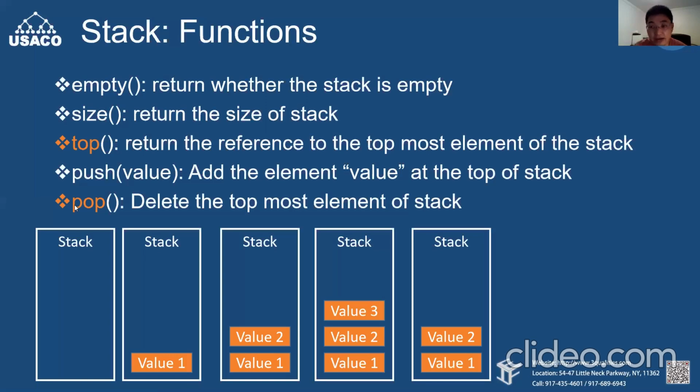The parameter is value here. It is the value you want to push into your stack. What type of value? Can be anything. Can be a string, can be a number, can be an object. Anything, any type of item I want to push into the stack.